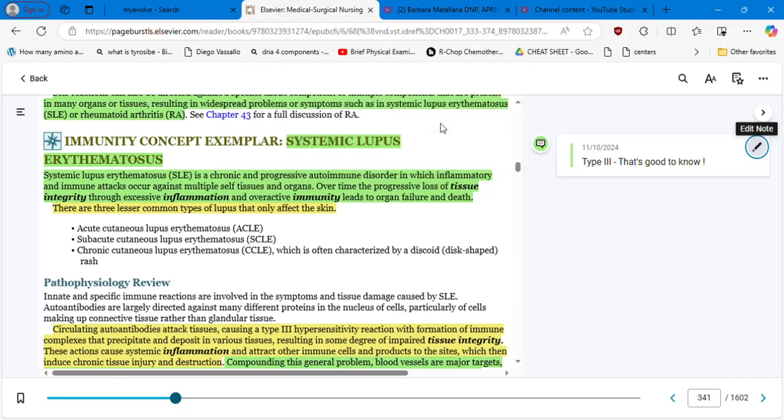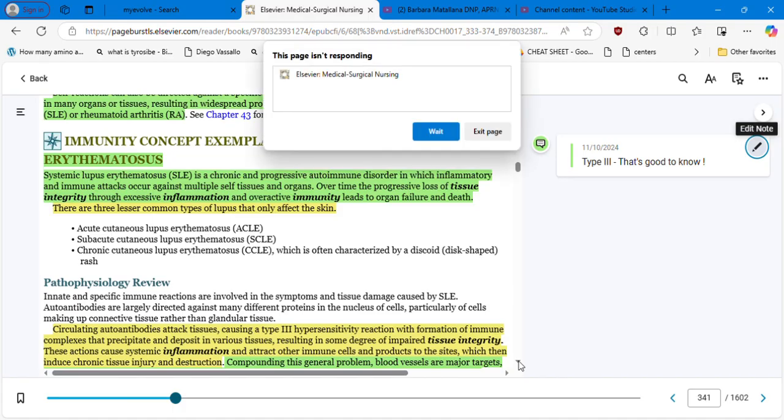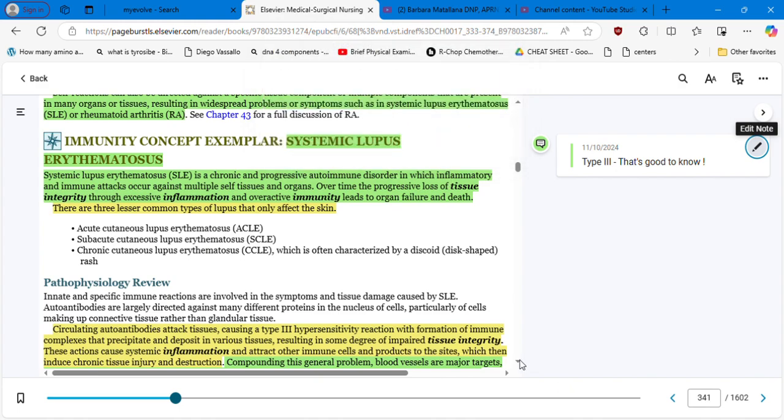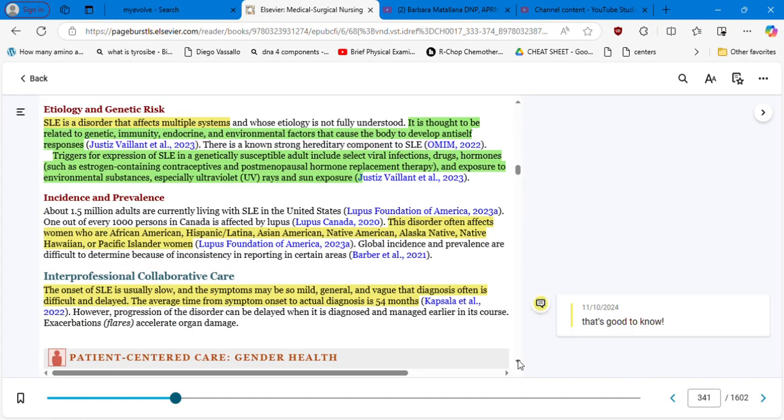These actions cause systemic inflammation and attract other immune cells and products to the sites, which then induce chronic tissue injury and destruction. Compounding this general problem, blood vessels are the major targets. That's why lupus is so difficult to understand, and sometimes it's difficult to diagnose.